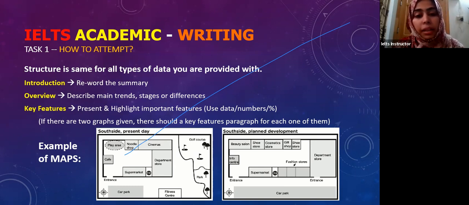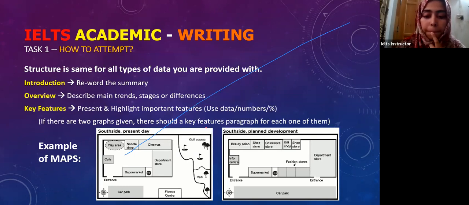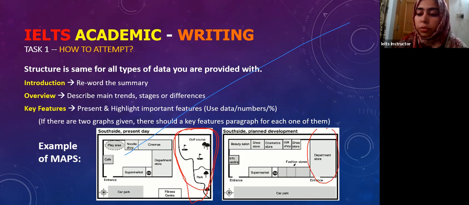Now, what are the most prominent changes? Let me just quickly enable my pen. Okay, as you can see, there is a golf course right now in the south side. But in the future development, which is planned for the future, there is no golf course there.